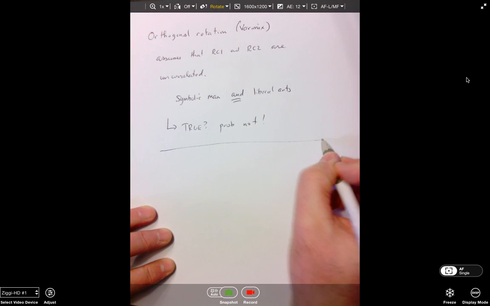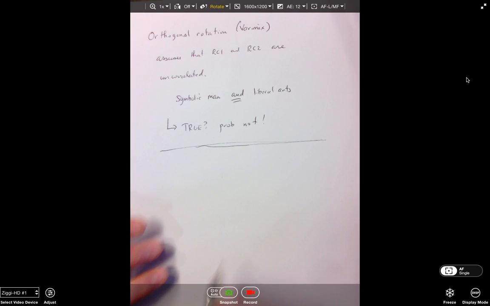And when you can justify that your components probably are correlated, then you get into a situation where you may consider a different type of rotation.